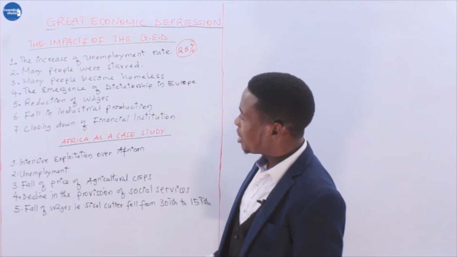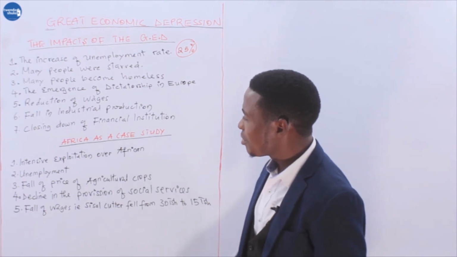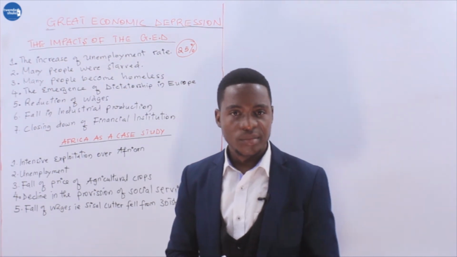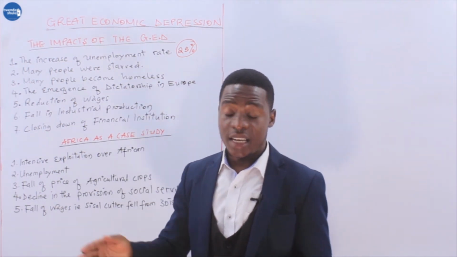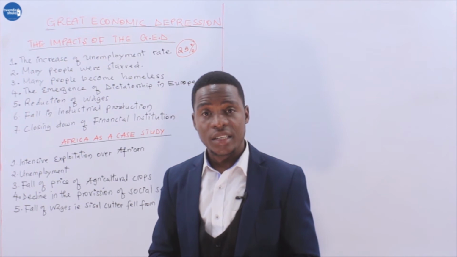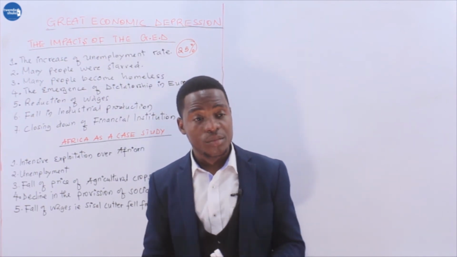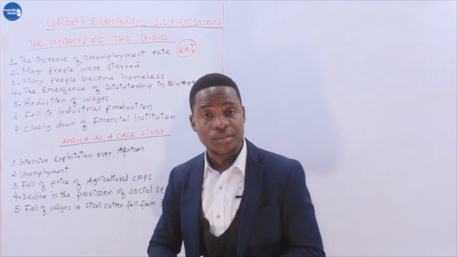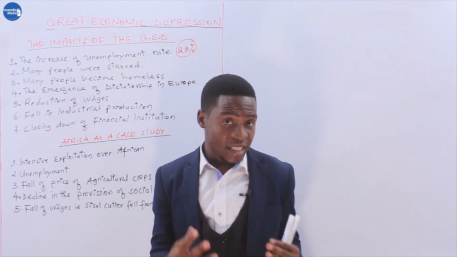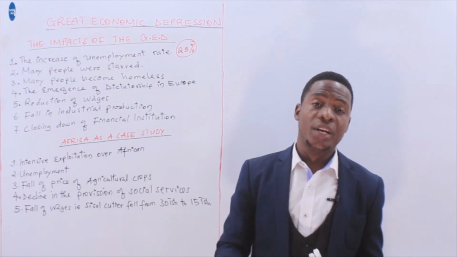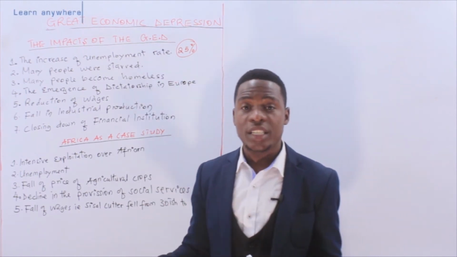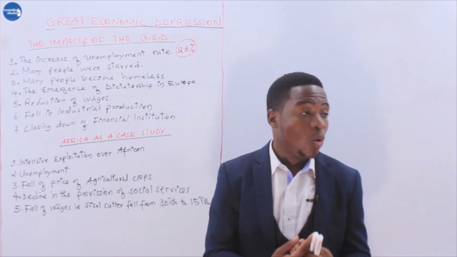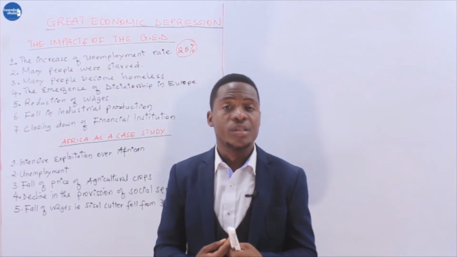Another impact of the Great Economic Depression was the fall in industrial production. As I said, agricultural activity declined. And during that time, most industries depended on raw materials from the farm, specifically textile industries, which depended much on raw materials from farms, either cotton, or sisal, or wool from sheep.